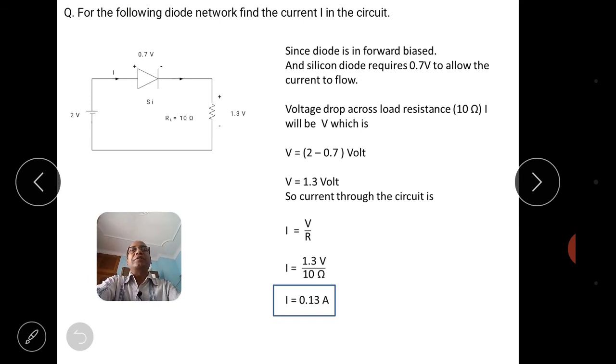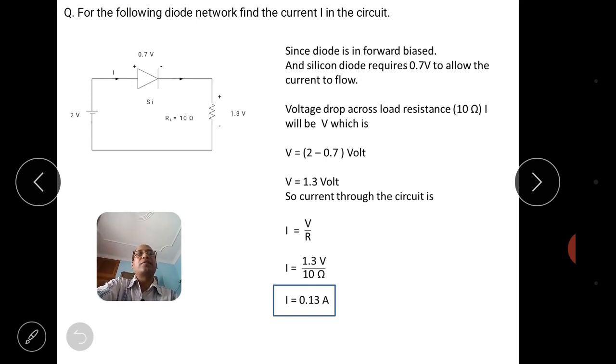Here we see a silicon diode is given, a battery of 2 volt is applied and a load of 10 ohm is applied. To solve diode numericals, the first step should be to check the biasing of the diode, whether it is in forward biasing condition or in reverse biasing condition.